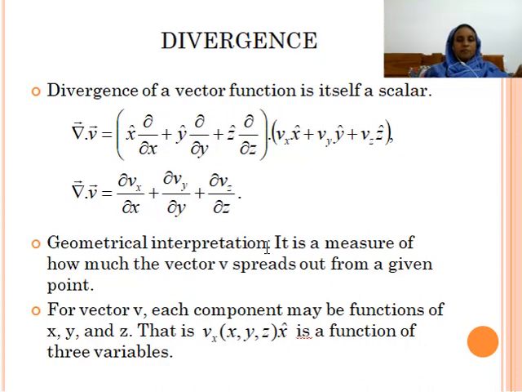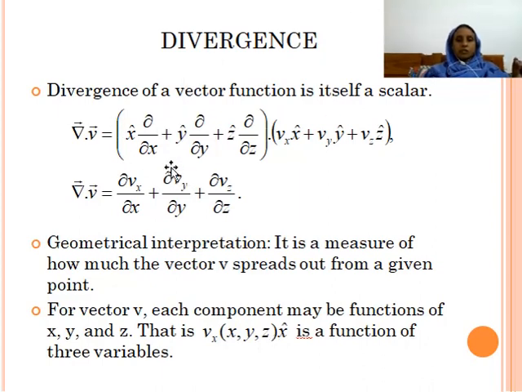Similarly, in the case of a vector function v, each component may depend upon all three variables. For example, the x component of vector v, vx, can be a function of x, y and z. So while evaluating this divergence, you have to be a bit conscious about all these things.